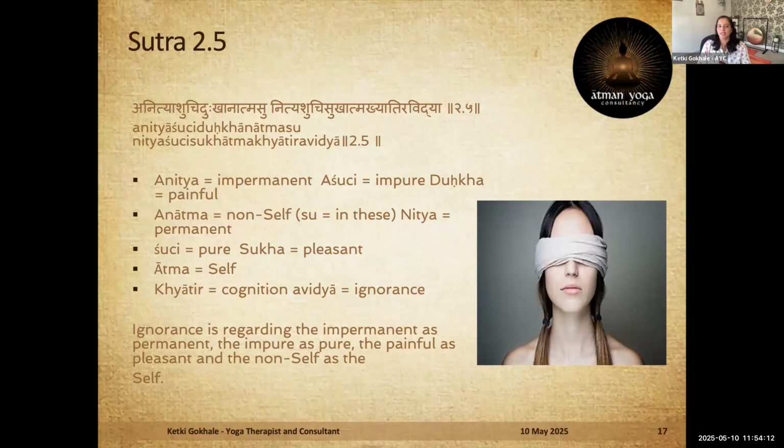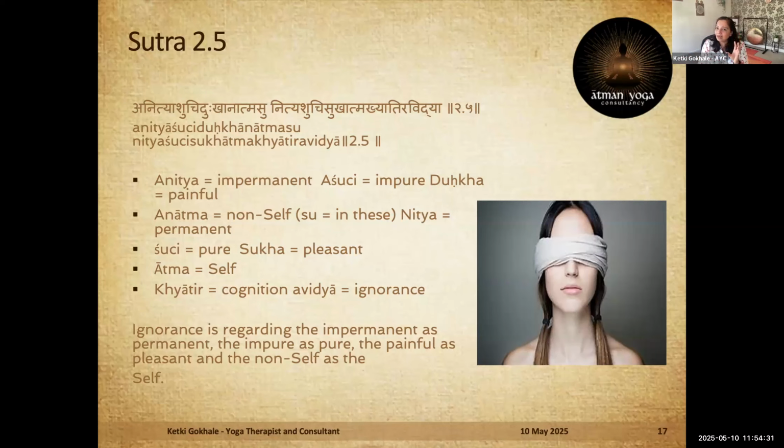What we are getting to know from these Yoga Sutras is how ignorant we are every moment throughout these years.